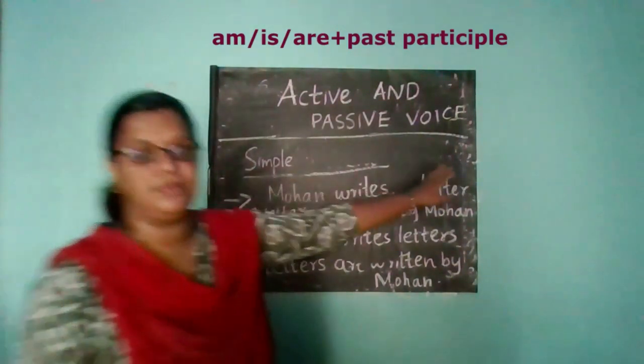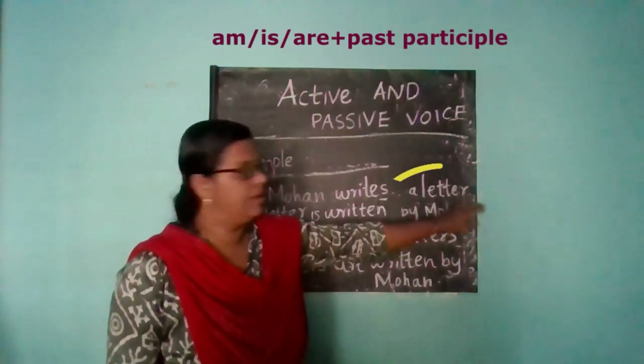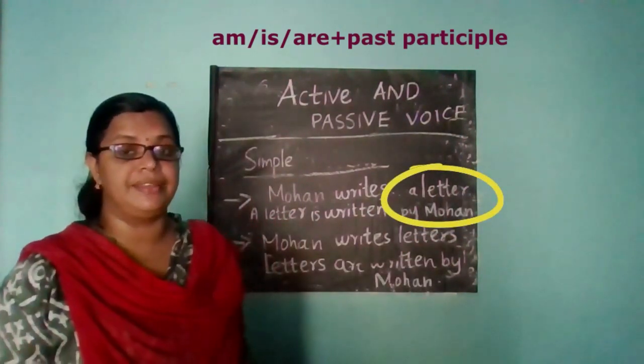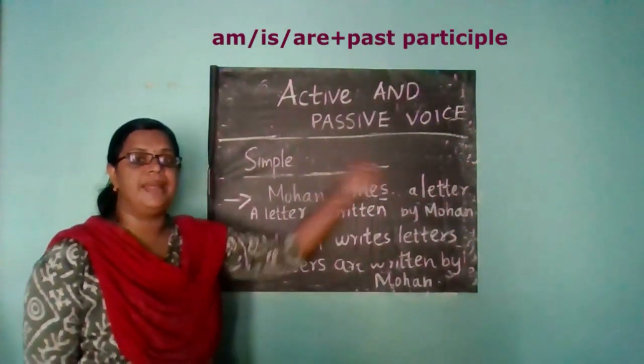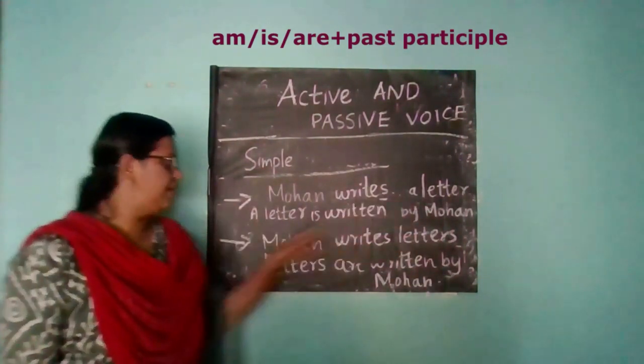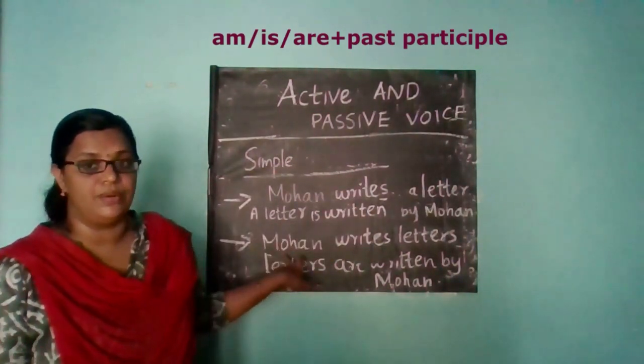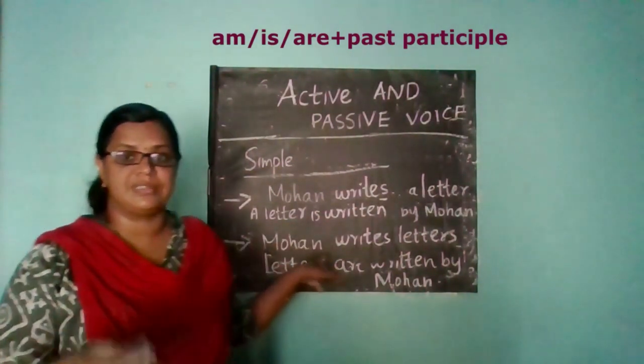Okay, then pick out the object from the active voice. Which is the object? A letter. So, keep that object in the place of subject. A letter is singular, so you can use is.